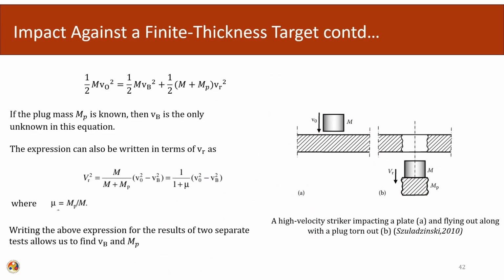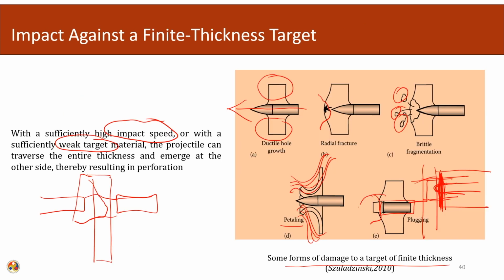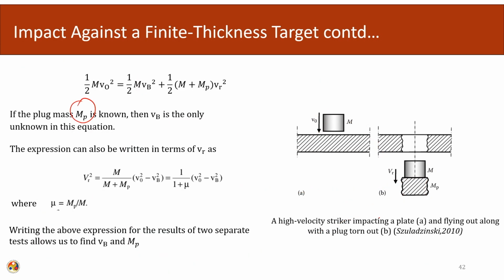Moving on, if we know the plug mass, in the first case, if we remember, we encountered this phenomenon. This is the plugging type of failure. Let us say we know the plug mass, which we can assume has the same width as the impactor. If the impactor has a width of d, the plug will have a width of d.